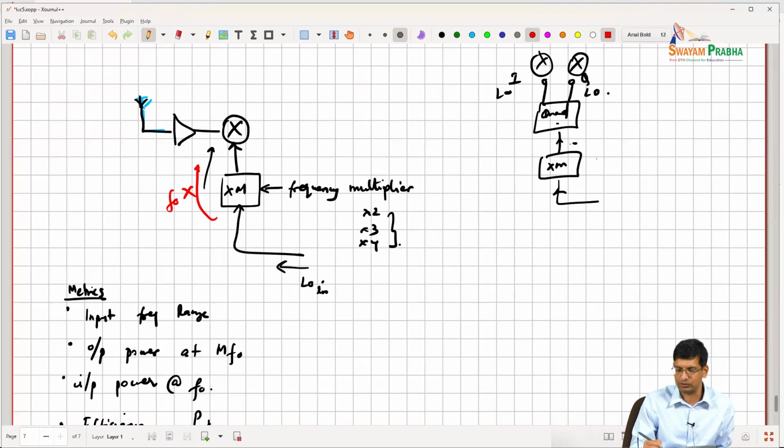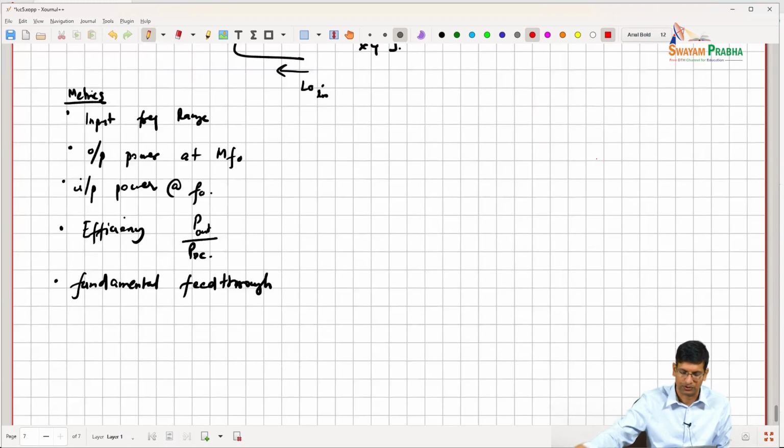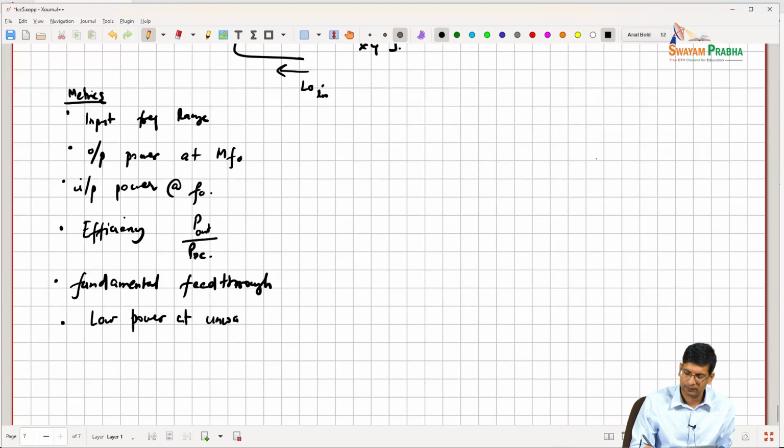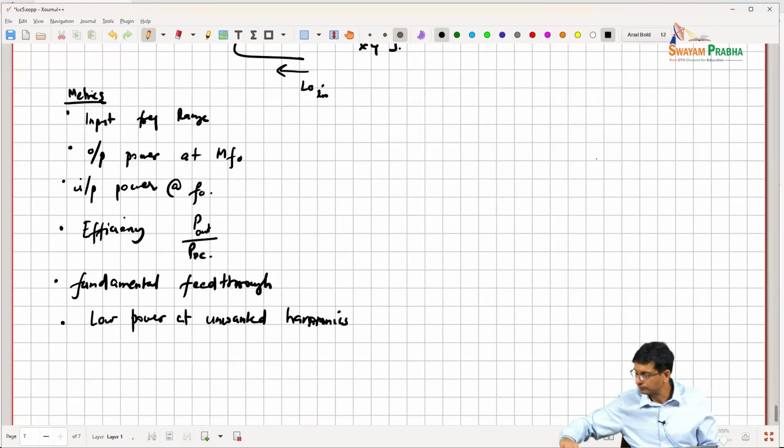And if the doubler, or the frequency multiplier in general, requires a high input power, then the leakage will also go into the mixer and cause spurious reception or spurious transmission. And in the same spirit, we would make sure that there is low power at unwanted harmonics, right? Only at the desired harmonics we have power.